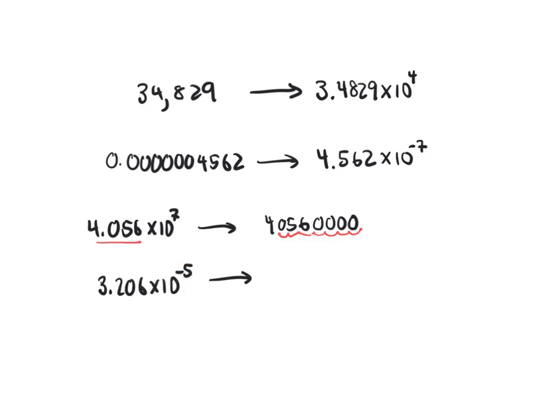So we're going to want this to be 0.00003206, counting 1, 2, 3, 4, 5. Let's check that and make sure I did that right. 1, 2, 3, 4, 5. That would put the decimal in the same place that it is over here. And so this number in scientific notation would be this in decimal form.